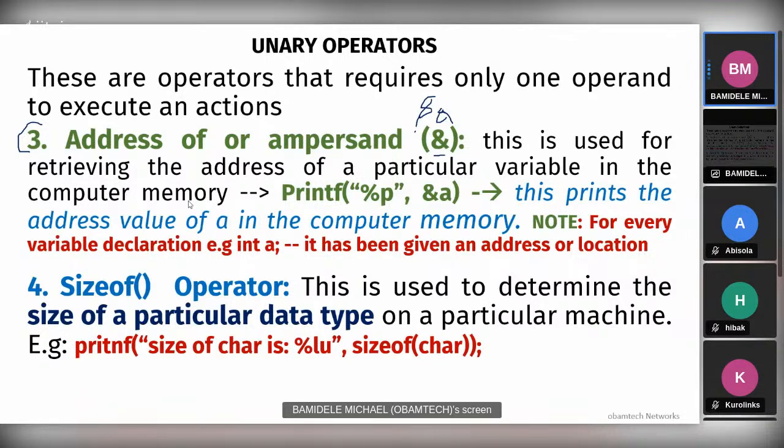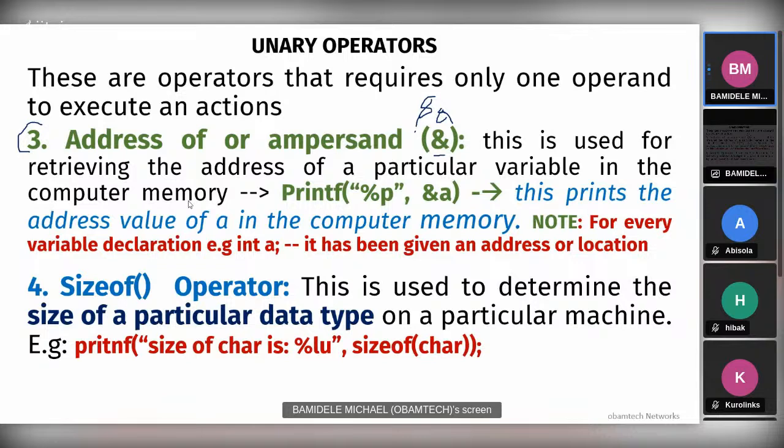One of the things we said, C language is very concerned about how you use your variables and how you use your different data types. So we already said that every variable has a location, a place, an address in the computer memory.